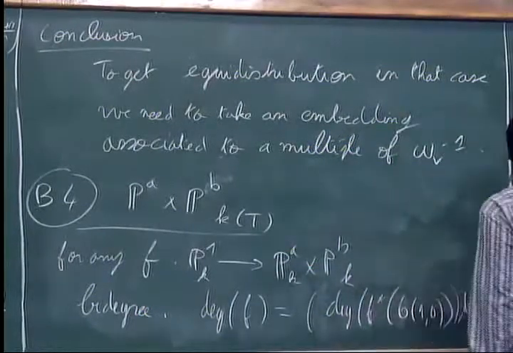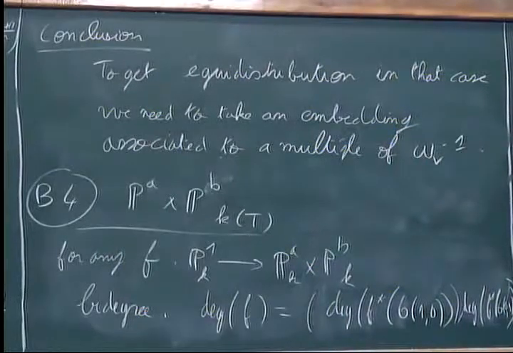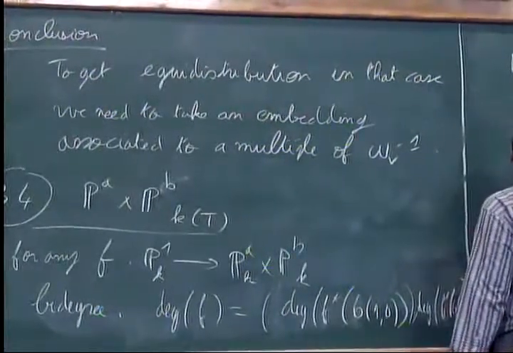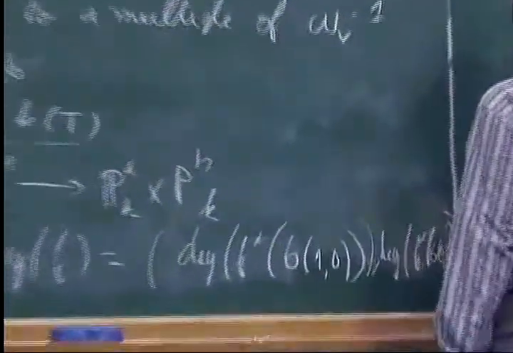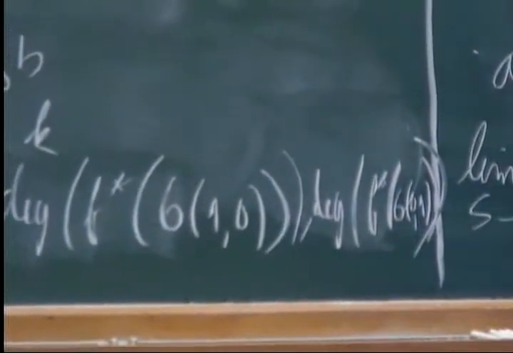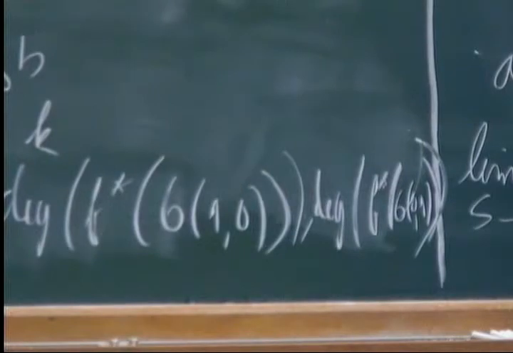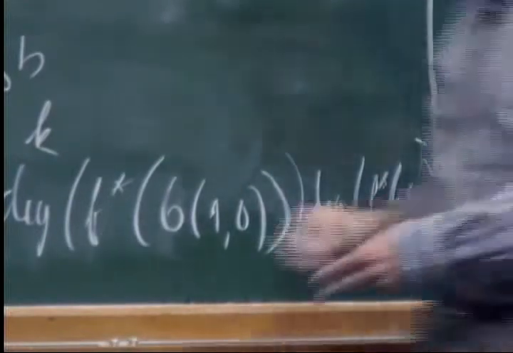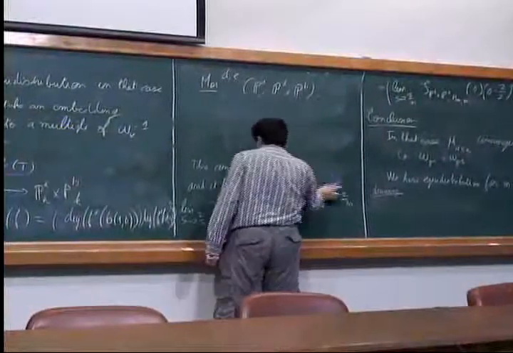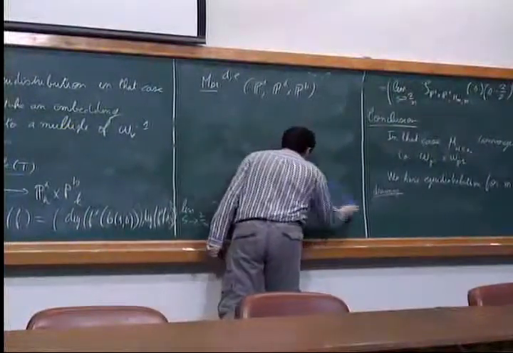Therefore, we can consider the morphisms of B degree equal to (d, e) from P1 to P^a times P^b. And this scheme is very easy to describe.